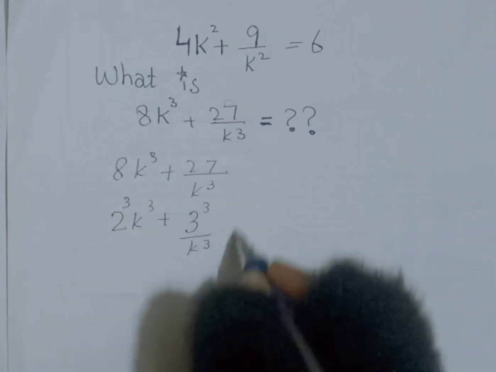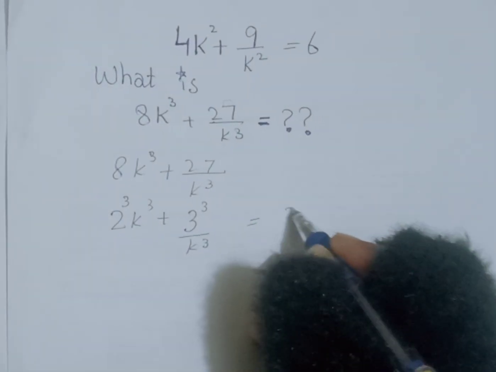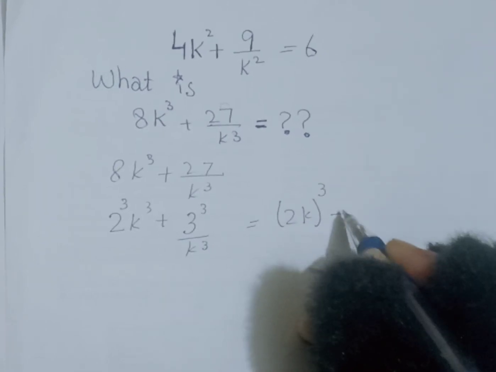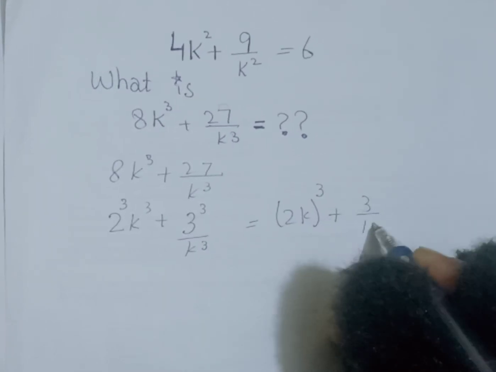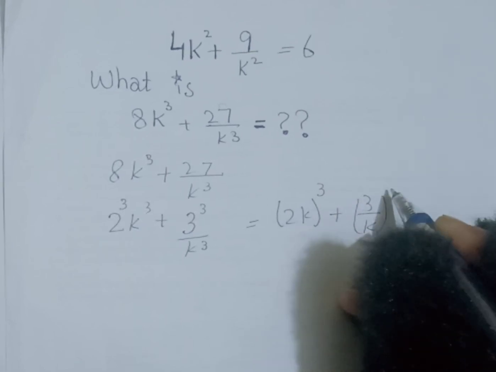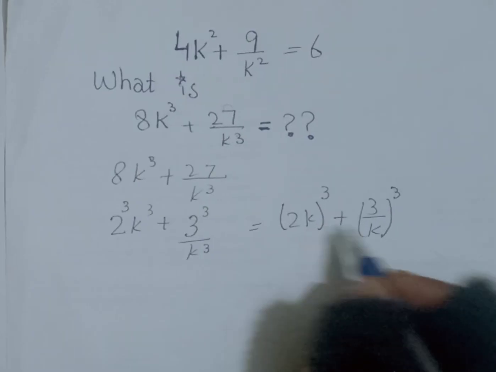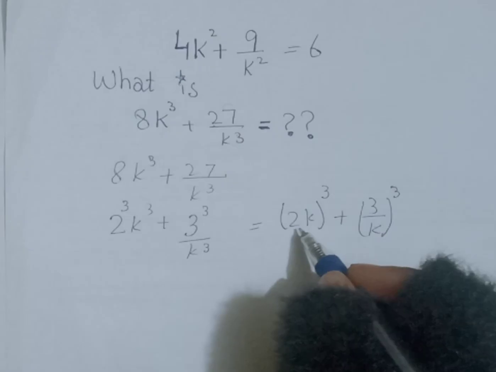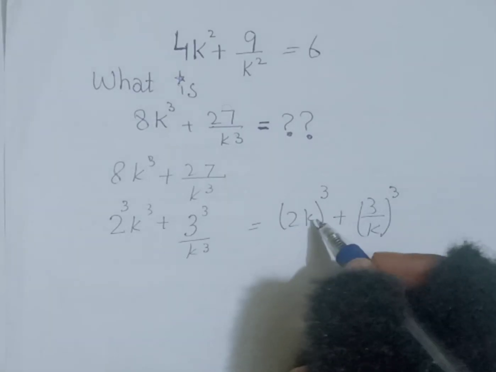So we write this as (2k) whole raised to power 3 plus (3 over k) raised to the power 3. Here we use a formula, so that is why we arrange this value in cube format.